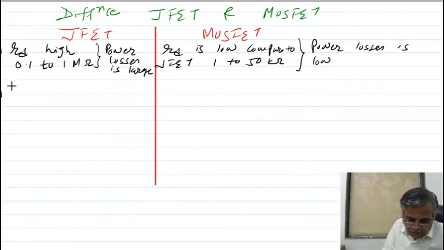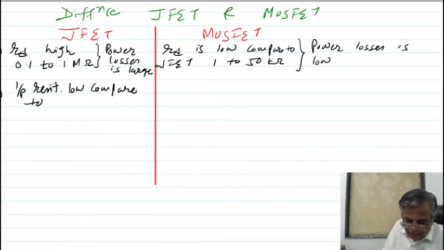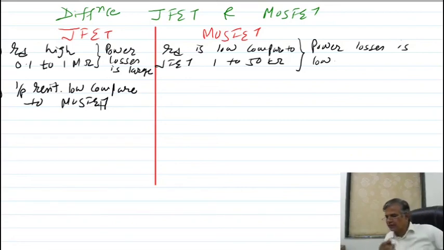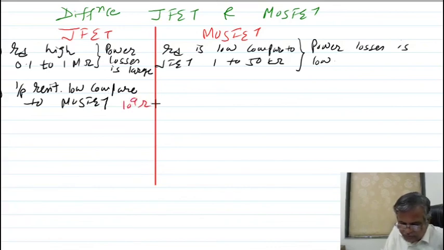Second, we have seen that input resistance in JFET is low compared to MOSFET. I told you 10⁶, but in books they have written of the order of 10⁹ ohms.